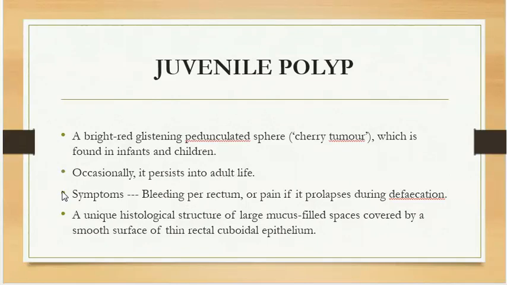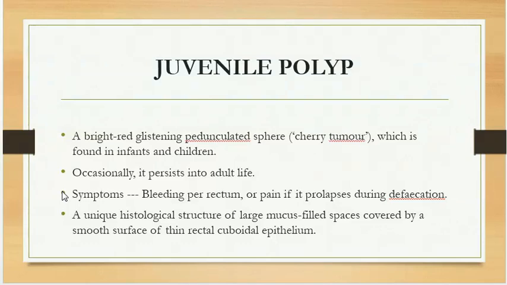Another variety of the rectal polyp is the juvenile polyp. This is a bright red, glistening, pedunculated sphere which is called cherry tumor, which is found in infants and children. Occasionally, it persists into adult life.